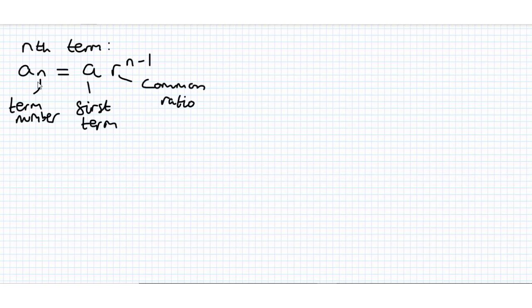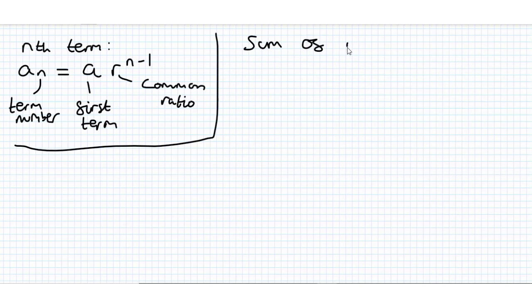Okay, if we want to take the sum of n terms, so for example you might say I want the sum of the first 10 terms of a geometric series, we take the sum from k equals 0 up to n minus 1 of a r^k.